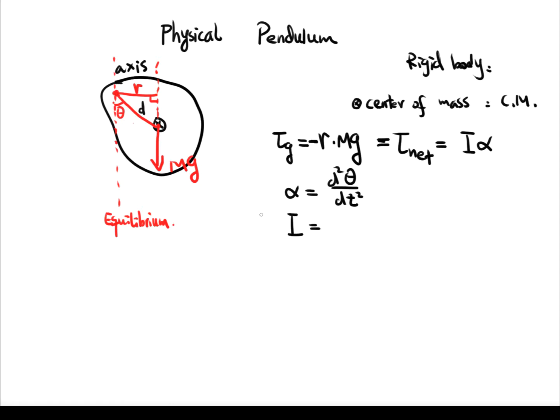The moment of inertia is with respect to the rotation axis, and there's the parallel axis theorem. It says that this moment of inertia equals the moment of inertia about the center of mass plus a constant term, m times d squared. d is the distance between the rotation axis and the center of mass, the symbol that we defined earlier.